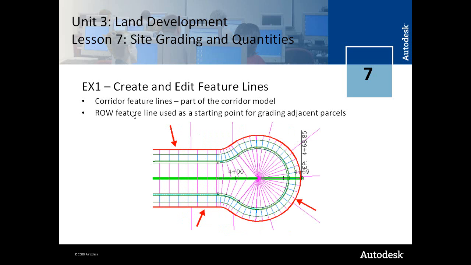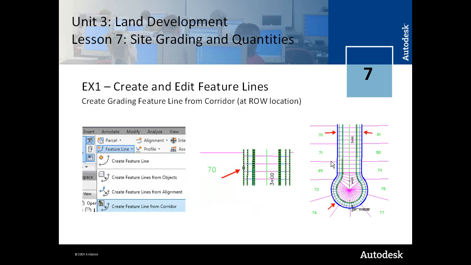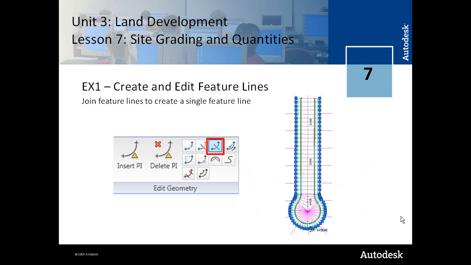What we do in Exercise 1 is we create feature lines from the corridor model, and we can create a right-of-way feature line that can be used as the starting point for grading to adjacent parcels. On the ribbon you can see you have Feature Line, Create Feature Line from Corridor. You can pick the corridor feature line and create that right-of-way feature line.